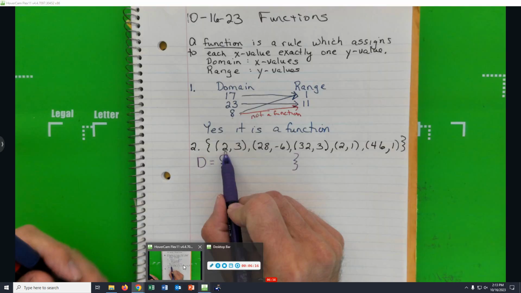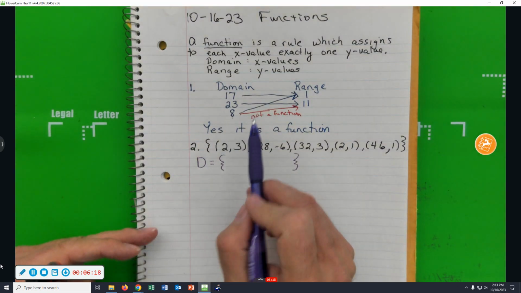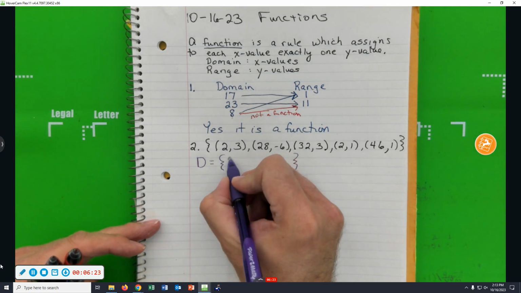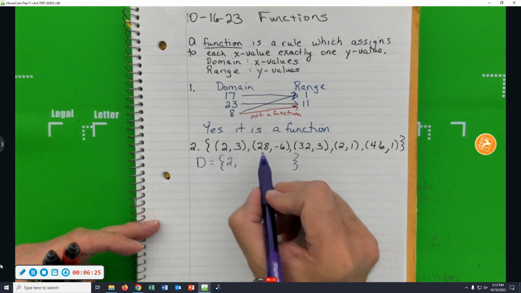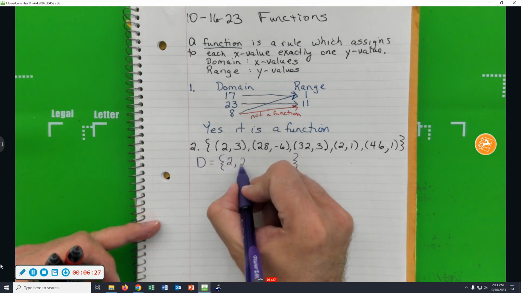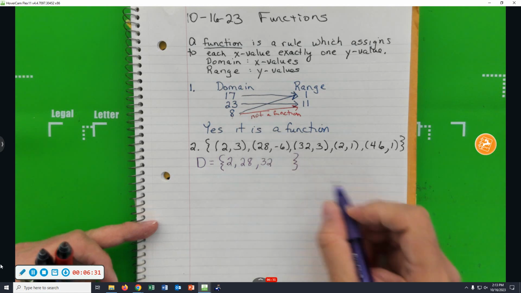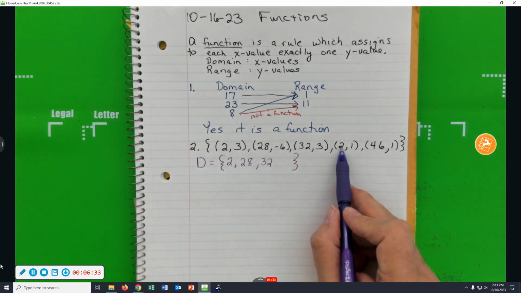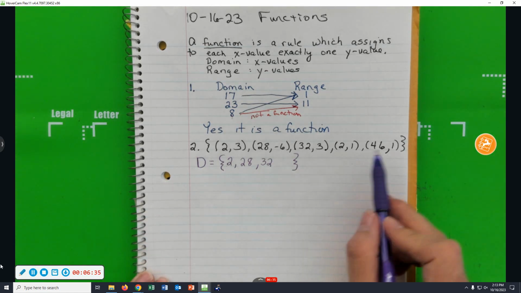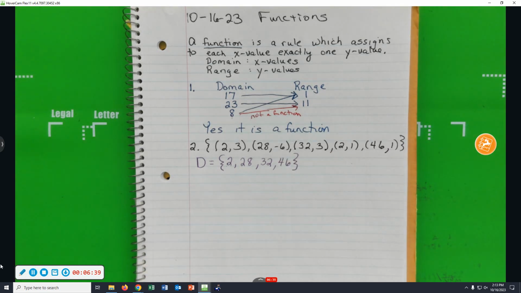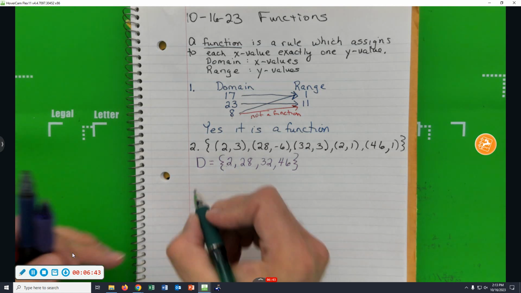Domain, those are the x values. So, 2, what's the next x value? 28, 32. Don't list the 2 again. It's already been listed once. And then 46.